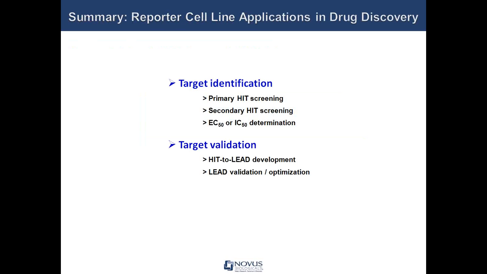If I summarize reporter cell line applications in drug discovery, you can use our reporter cell lines for target identification. You can do primary hit screening and secondary hit screening, and IC50 and EC50 determination. And also you can do target validation, hit to lead development, and lead validation and optimization.